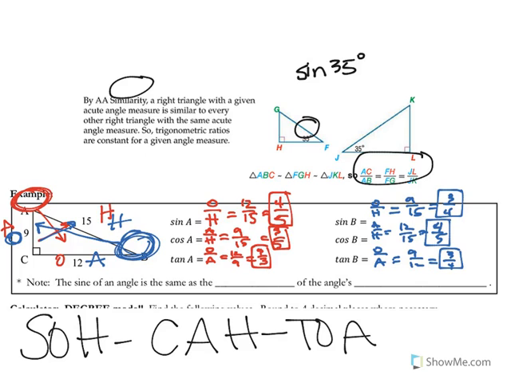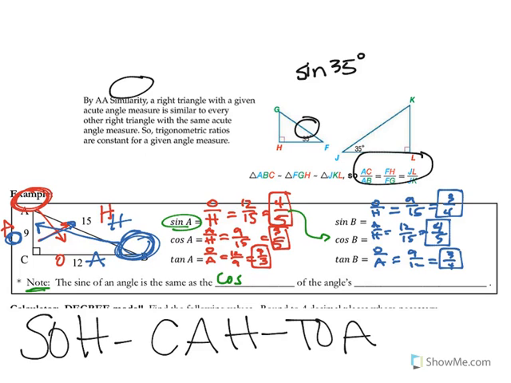All right. Now, one thing I do want us to take note of is a pattern. Sine of an angle is the same as blank of the other angle. So sine of angle A is the same thing as cosine of angle B. Do you remember how angle A and angle B are related to each other?